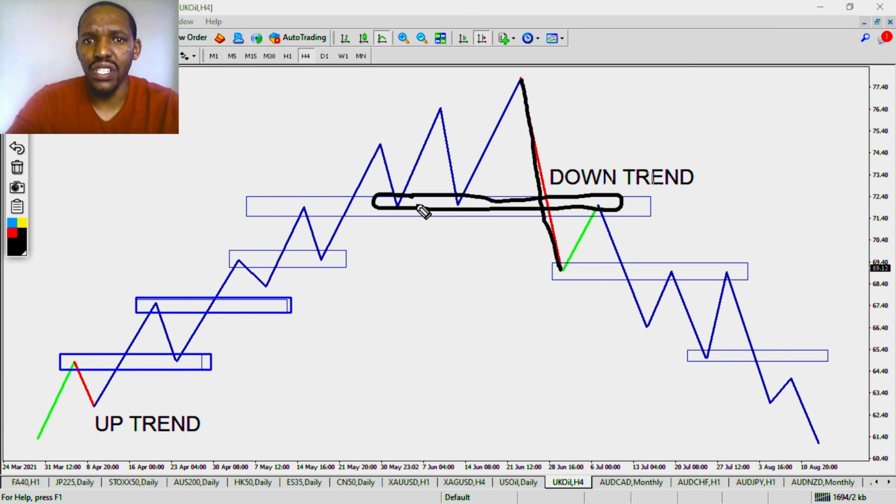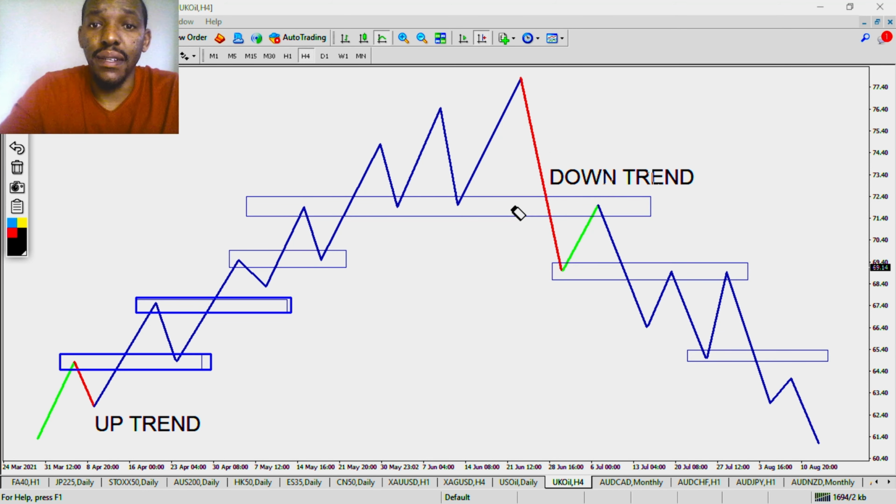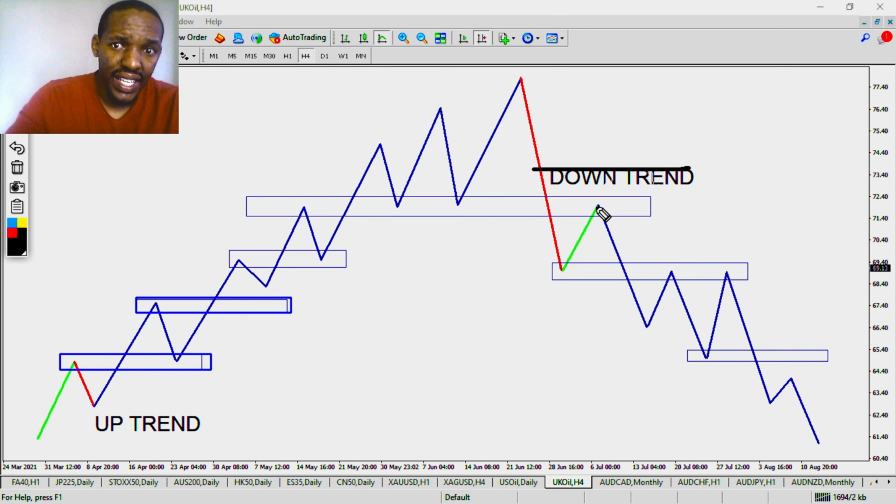This is your place of entry. This is where you start looking for opportunity to enter the markets. Right here at this area, you'll be entering the markets with your stop loss around those areas. You enter the markets right here, and then it pulls back down.